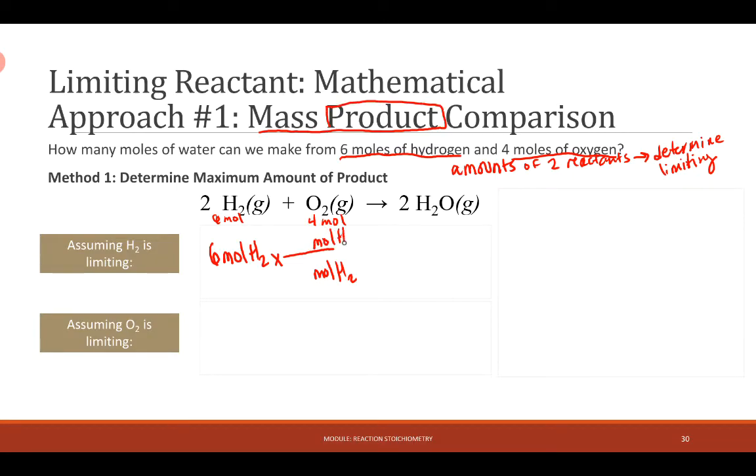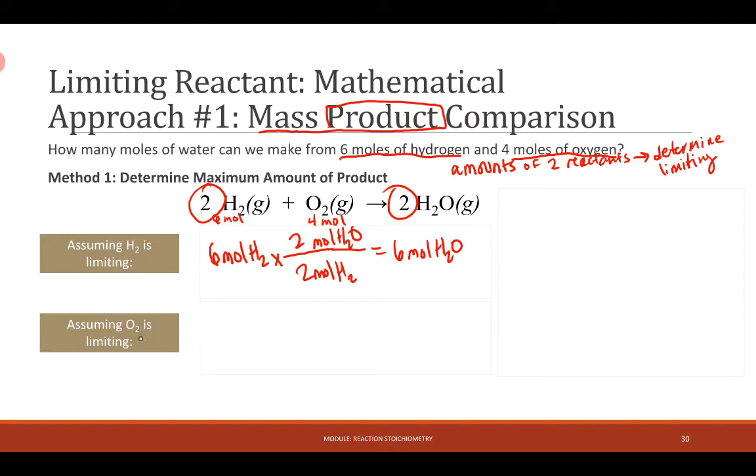So moles of H2O is our only product. This is where I use the coefficients from the balanced equation, and that's going to work out to 6 moles of H2O. So this means that if I use up all of my hydrogen gas, I'll have 6 moles of water.